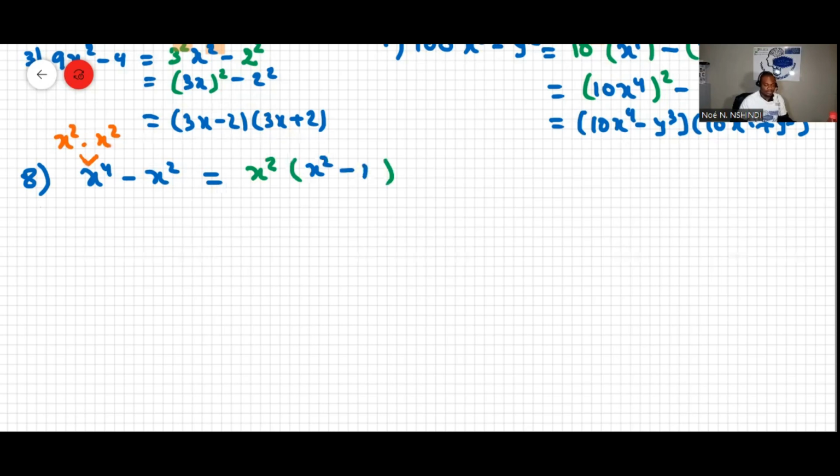After that, this is another form of difference of two squares, because 1 can be written as 1 squared. So this will be x minus 1, and then x plus 1 when we apply difference of two squares. Remember, those questions are meant to be solved fully, factorized fully.